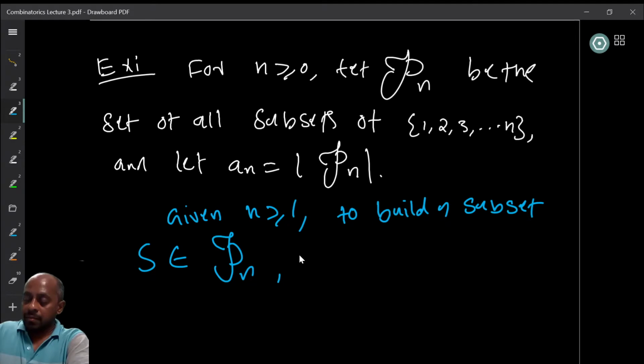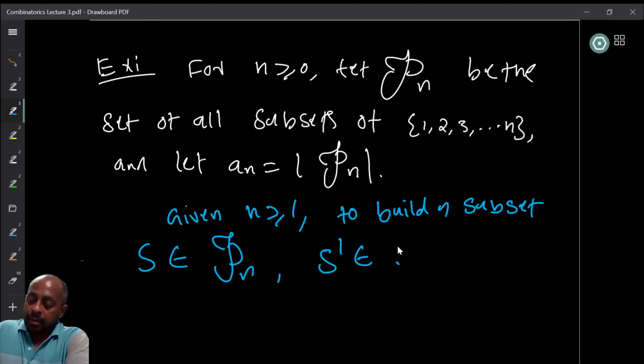To select such a subset, we will select any subset, let's say S dash, of the set 1 to n minus 1.